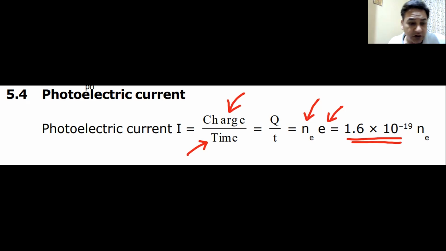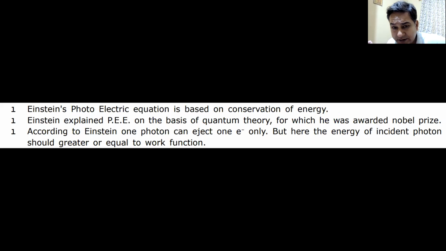These 3 points have been repeated over again. Remember, all these points are going to come in the examination. Einstein's photoelectric equation is based on the conservation of energy. It can come as a straightforward question: Einstein explained the photoelectric effect on the basis of which theory?